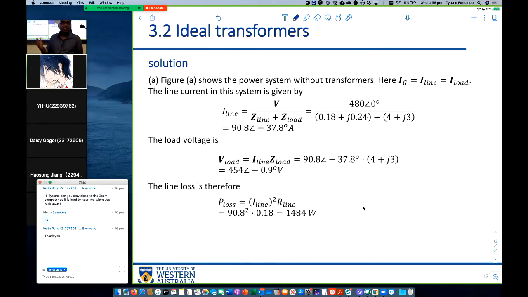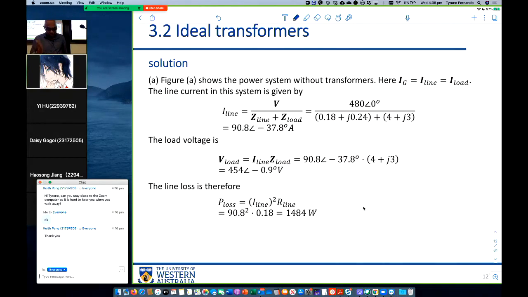We can take the magnitude of the current squared times R, because that current is flowing through the series resistor. VI star, the real part, is another method. VI cos theta is another method. These are three ways to calculate it, so make sure that you know all three.